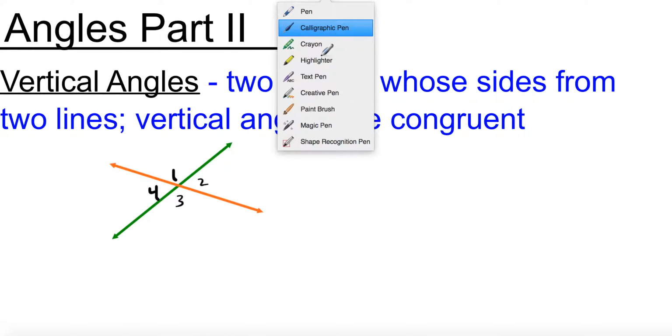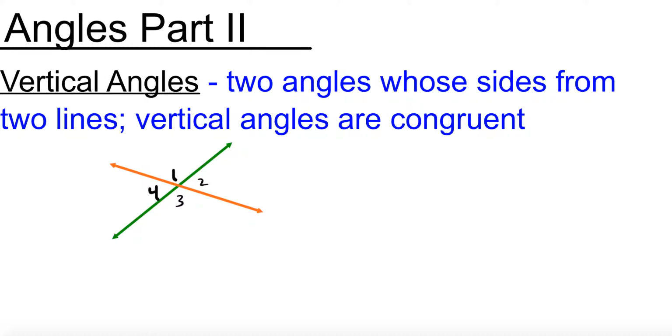Let's get the highlighter out and let me kind of show you here. Here's angle 1. It's made up of the orange and the green. And likewise, angle 3 is made up the rest of the orange and the rest of the green lines. Angle 1 and angle 3 have no sides in common, but they do have a vertex in common.